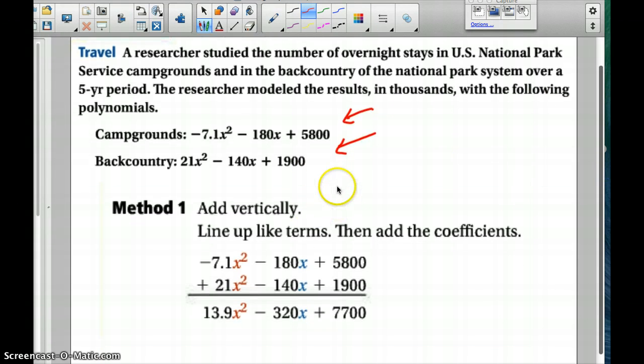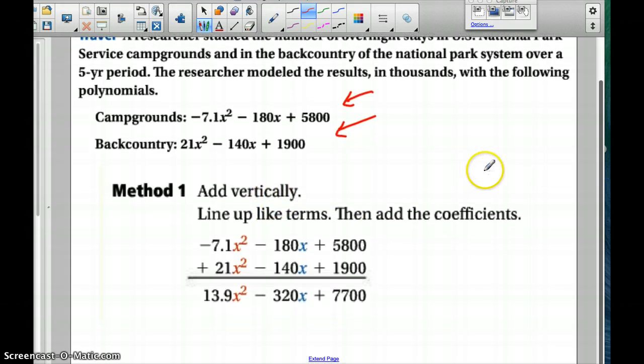One method to do it is called the vertical method. If I were to recommend a method for you, I may recommend the vertical method, because when you do it, all you are doing is looking at the two polynomials and lining up the like terms. So let's remember what a like term is.